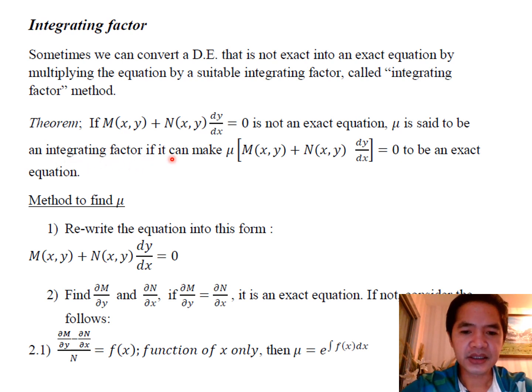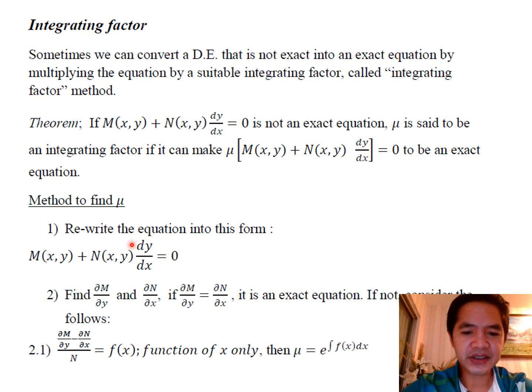We multiply mu by the functions M and N and set it to 0. Then this equation is going to be exact. So how are we going to find mu? Take a look at this step.